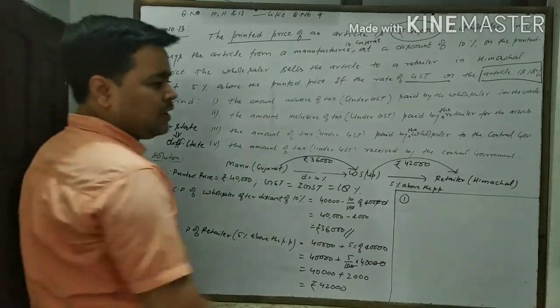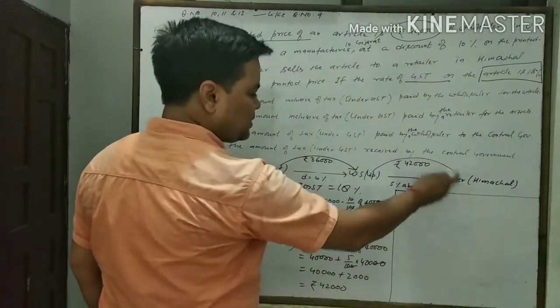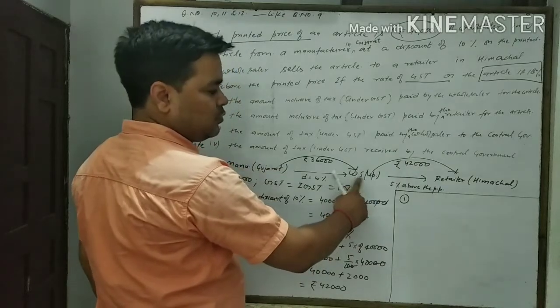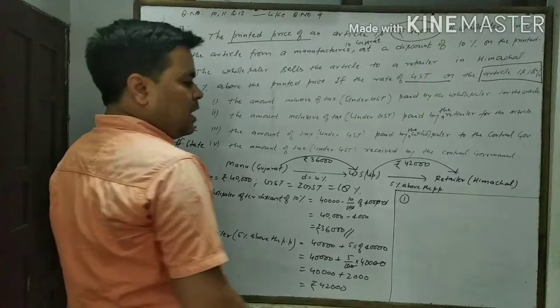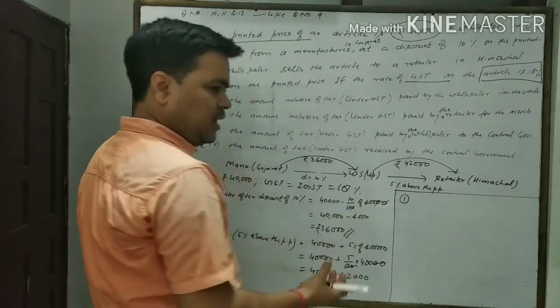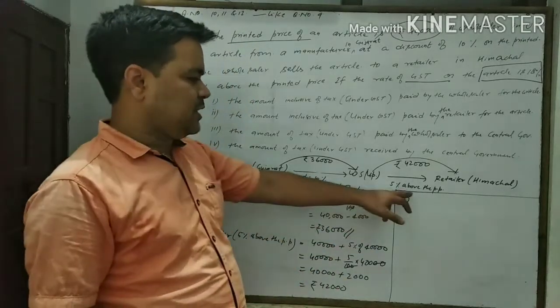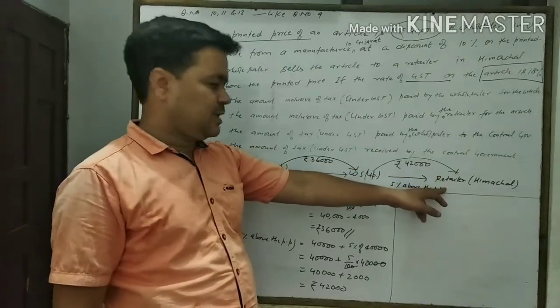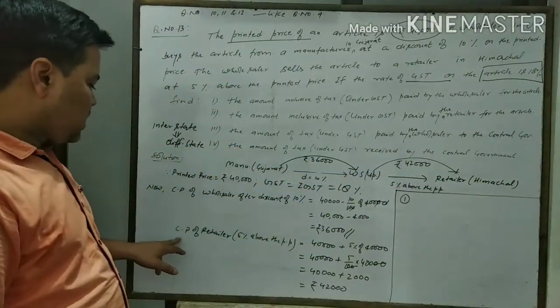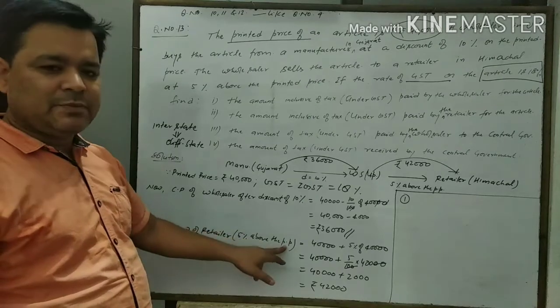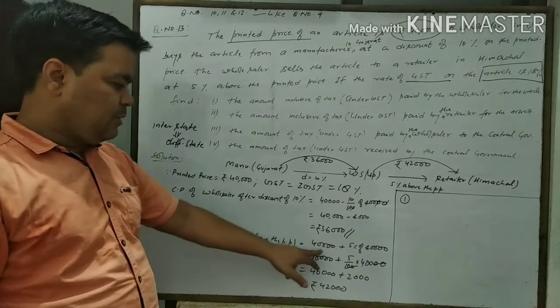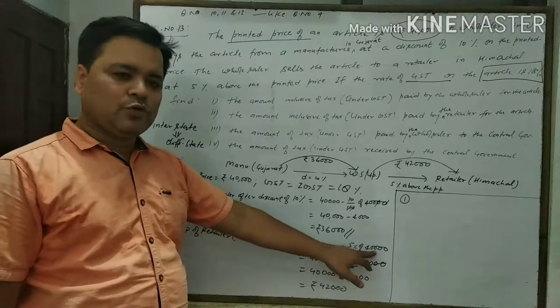Now let us see here, the retailer buys the article from the wholesaler in UP, and the retailer is in Himachal Pradesh. The wholesaler sells to the retailer at 5% above the printed price. Therefore the cost price of the retailer, 5% above the printed price, will be 40,000 plus 5% of 40,000.